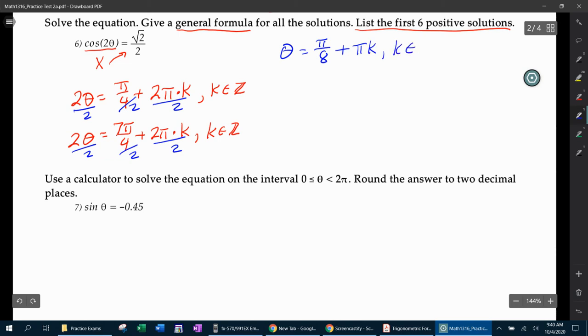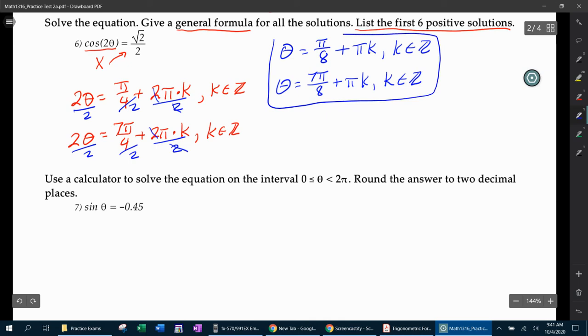K is an integer. And for the other one, 7 pi over 4 over 2 would be 7 pi over 8 plus, and again, do you see those 2's cancel there? So that leaves me pi k. K is an integer. And I'm going to put a box around those because those are the general formulas.